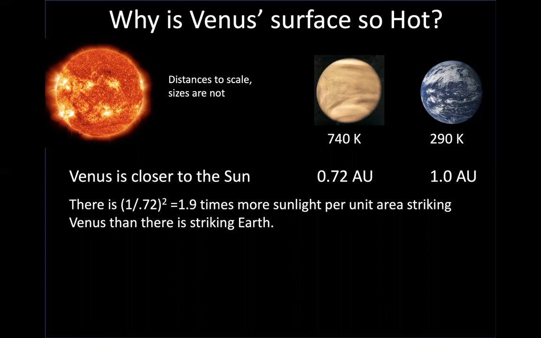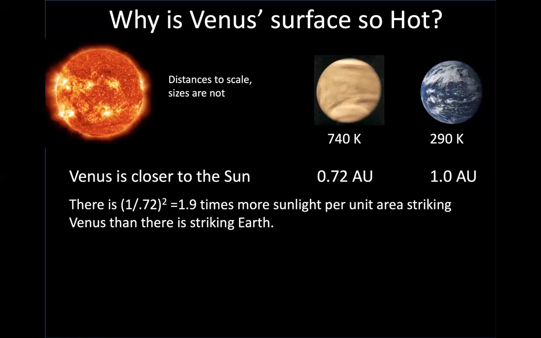So the sunlight falling on a square meter of Venus is 2 times more than the intensity of light falling on Earth. And you might go, well, Earth's temperature is, turns out, 290 Kelvin. Venus's temperature is around 740 Kelvin. That seems like it's about right. It's not quite that simple.